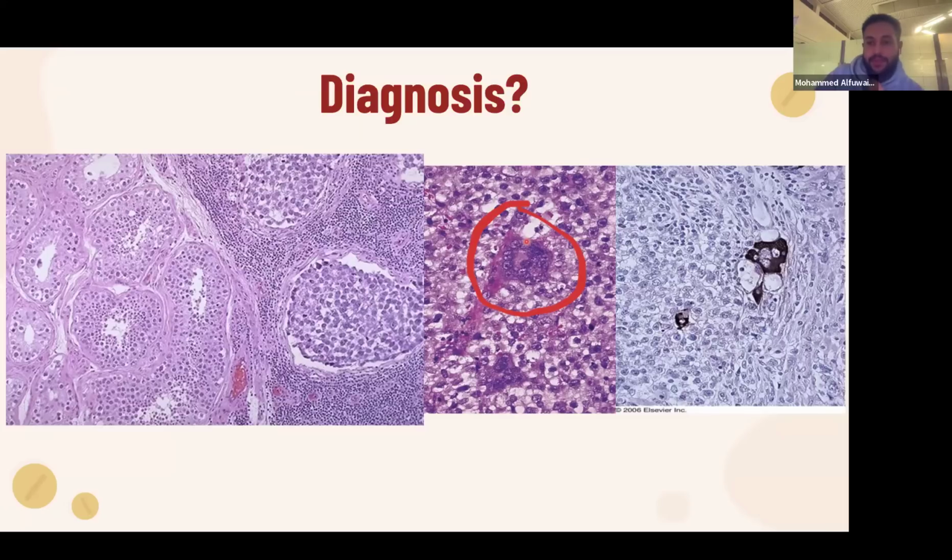Beta HCG. Good. Is this seen in all cases of seminoma? No. Only some cases will have positive beta HCG, not all. Only around 20% of the time, the ones with syncytial trophoblasts. And this is staining it with beta HCG.